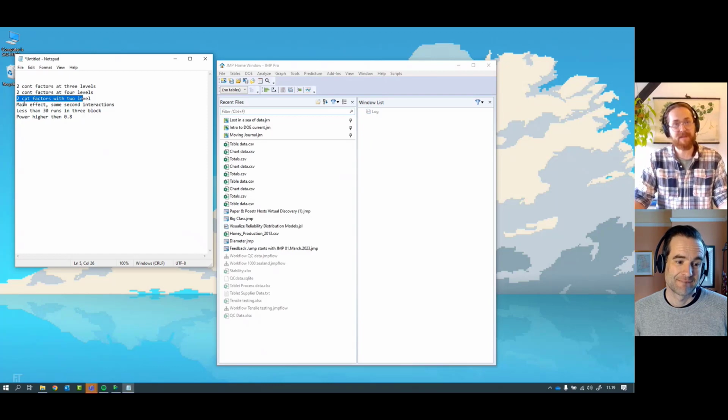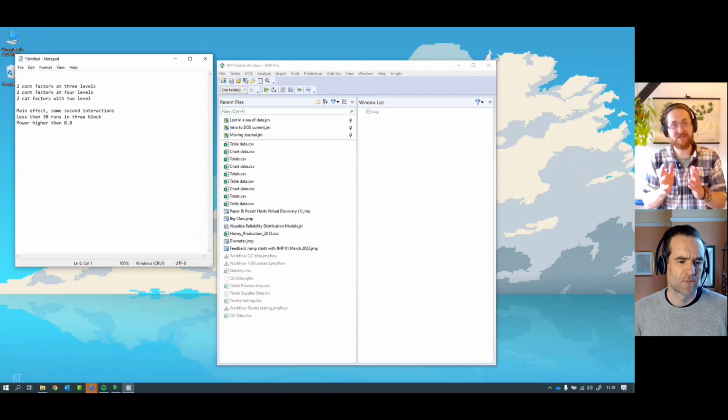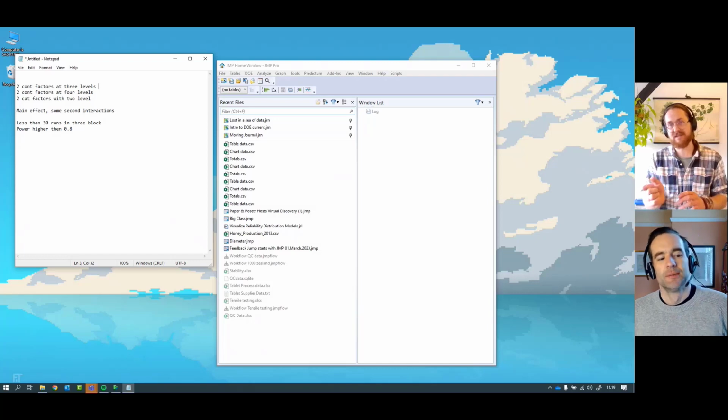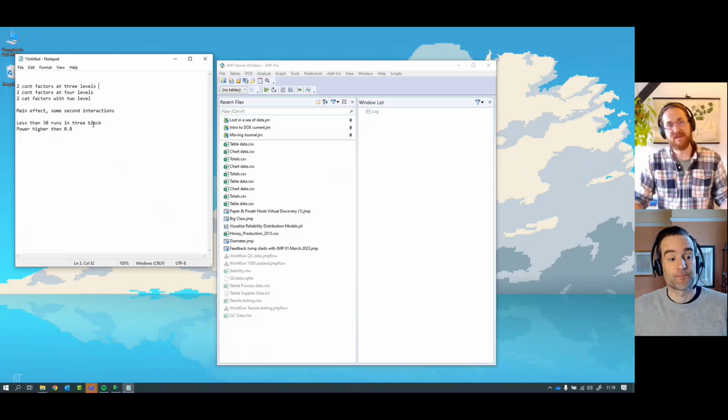We want to test main effects and some second-order interactions, in less than 30 runs, done in 3 blocks, as one of the first factors is hard to change. Let's assume it's a temperature, and it's difficult to change because it has a long layover. And we need the power to be more than 0.80.